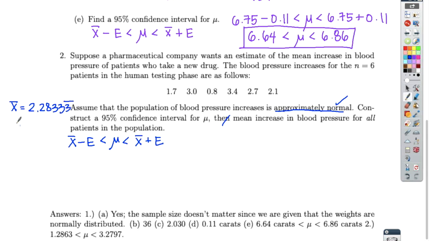Then it says the sum of x equals 13.7. It says the sum of the x squared, and then it says s sub x equals 0.94956.